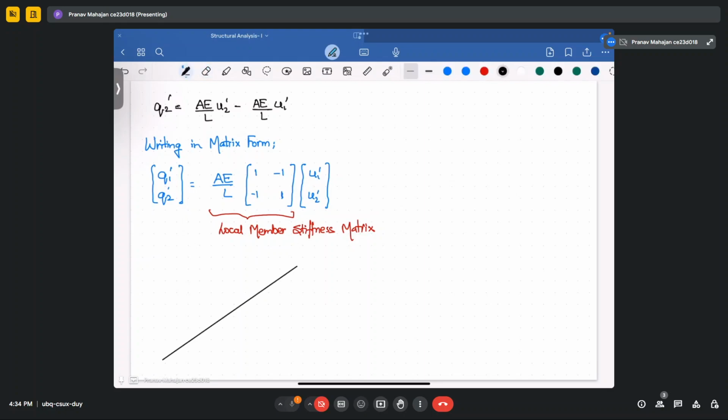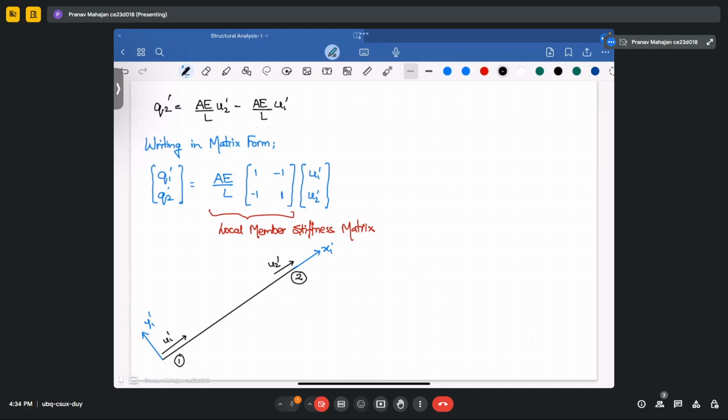Let's see, you have a member like this. In this portion, you have the deformation u1 dash. In this portion, you have the deformation u2 dash. This is your joint 1 and joint 2. Here you are defining the local coordinate system as y dash and x dash.